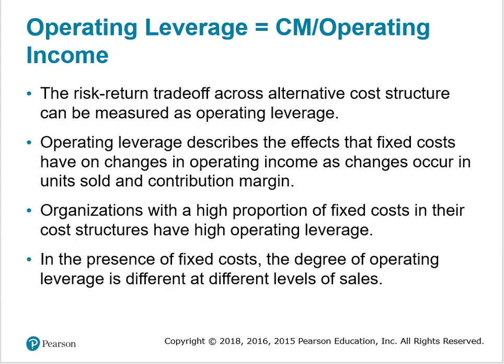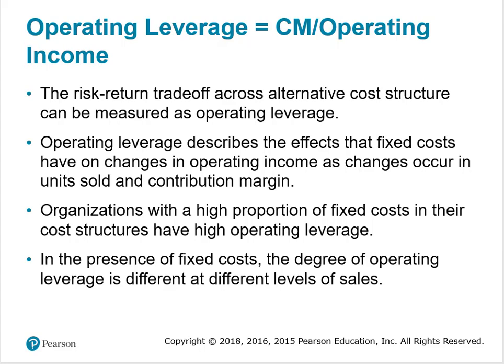Organizations with a high proportion of fixed costs in their cost structure are said to have high leverage. So in this type of cost structure, small decreases in sales result in large decreases in operating income, and vice versa. A small increase in sales can result in a large increase in operating income.